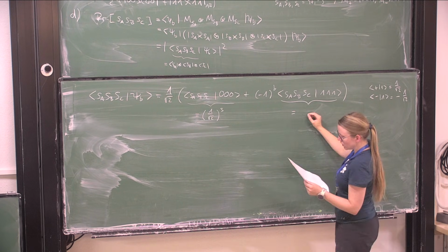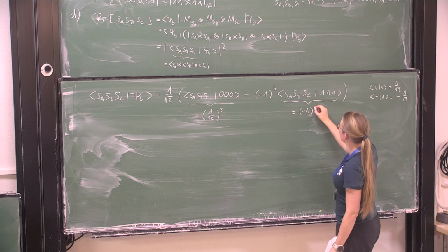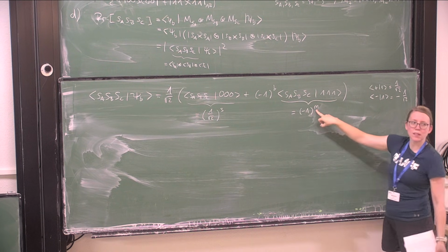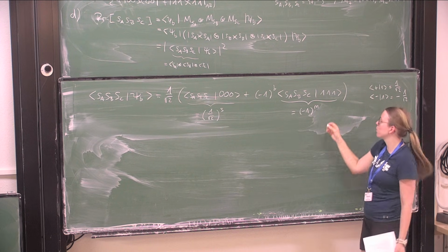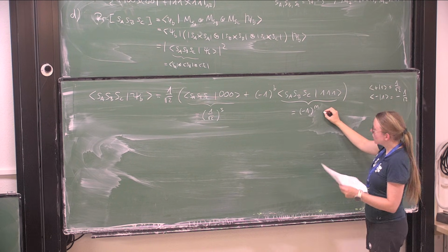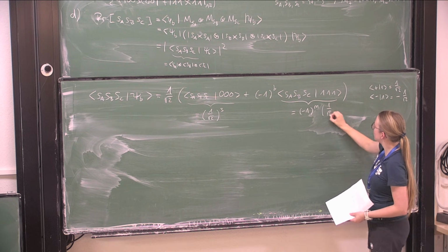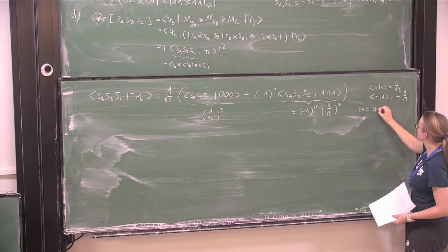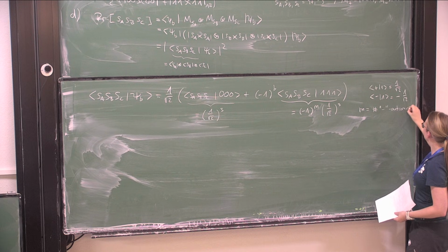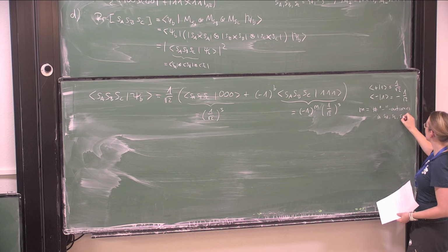So this is actually minus 1 to the power of m, where m is the number of minuses in these outcomes, so 0, 1, 2, or 3, times 1 over 2 to the power of 3. m is the number of minus outcomes in SA, SB, SC.